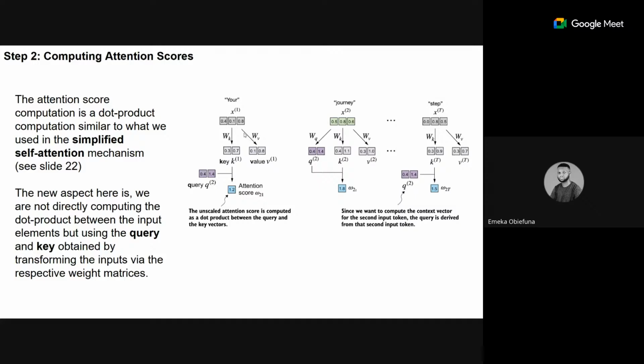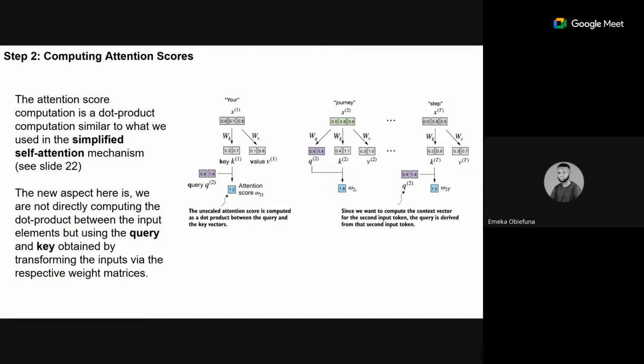When you multiply each input vector with the corresponding weight matrix, it's going to give you the vector for K, the vector for V, and the vector for Q as well. Now that we've gotten this, we want to use these vectors to compute our attention score.